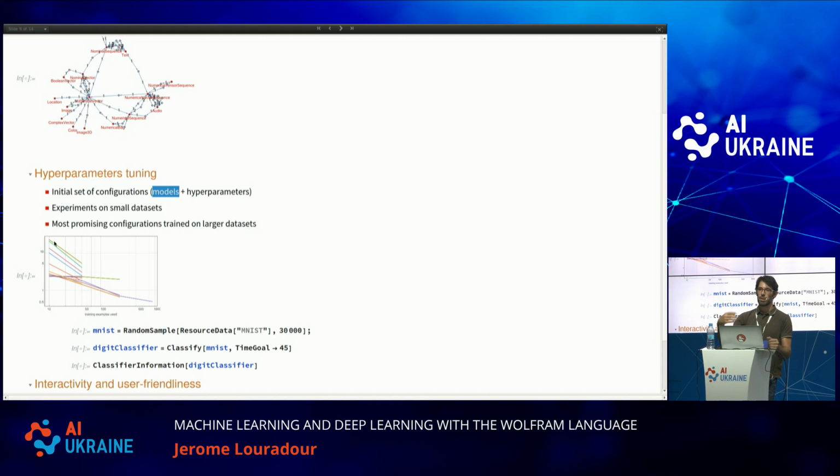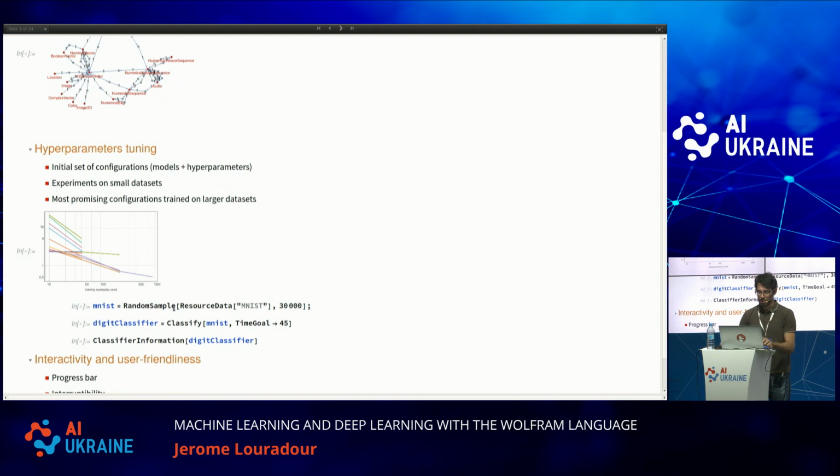At each round, it eliminates the configurations that do not work and continues to train on more data. And then at the end, you will have a learning curve, which is the performance with respect to the number of training samples.